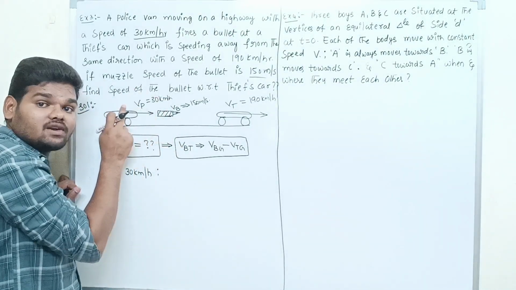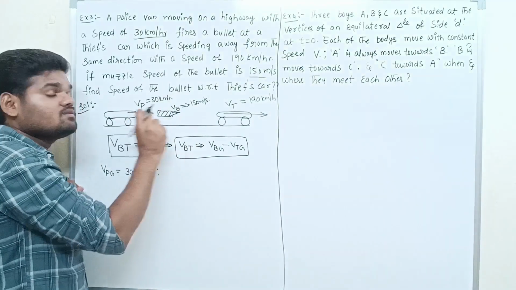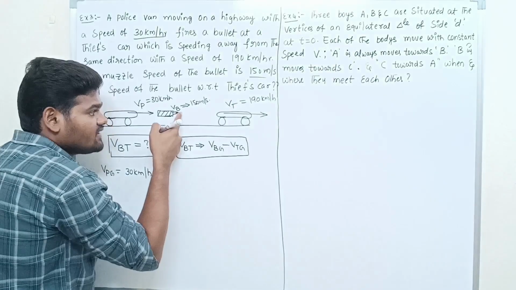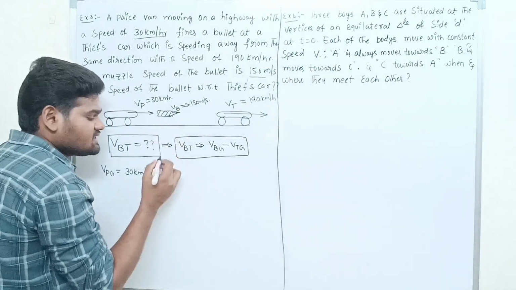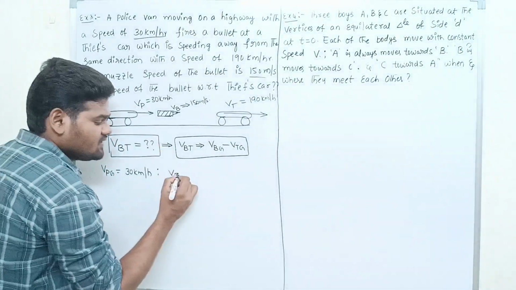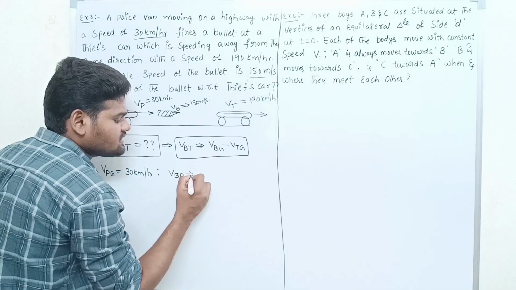It is not moving on the surface of the ground. It is fired from the policeman's van. So whatever the velocity of the bullet is, that is the velocity of the bullet with respect to the policeman's van.